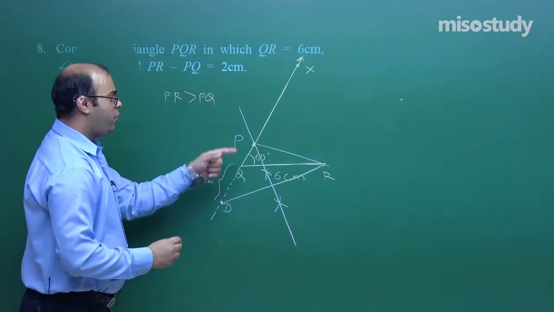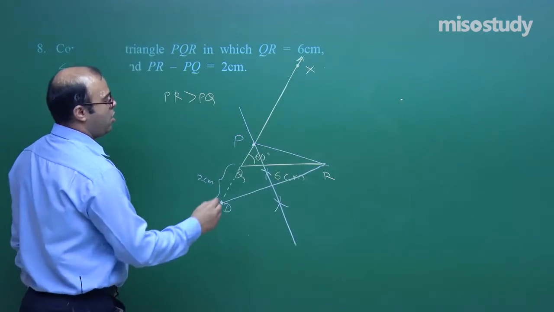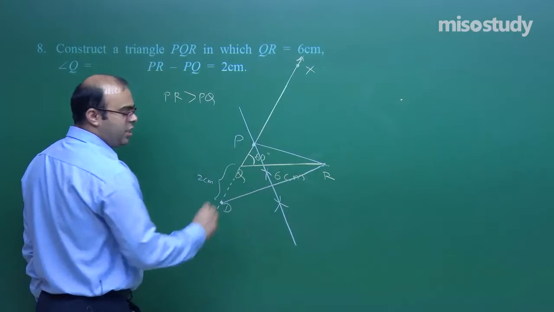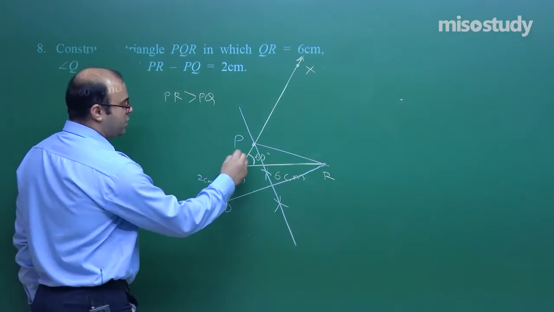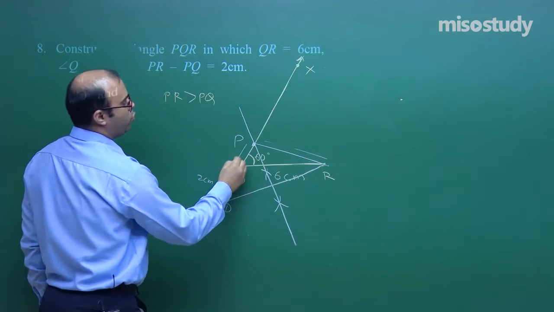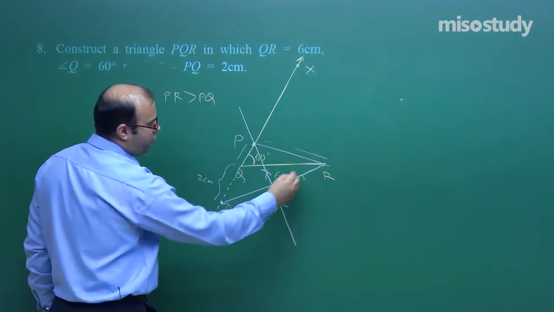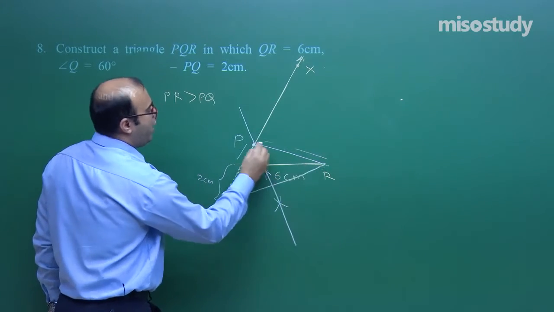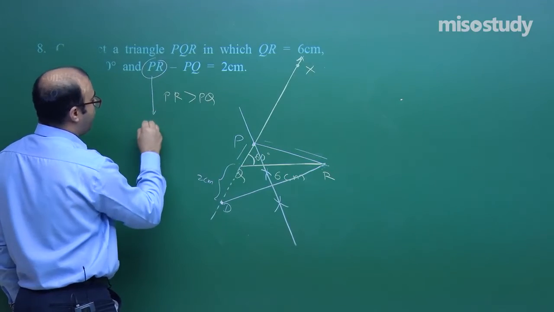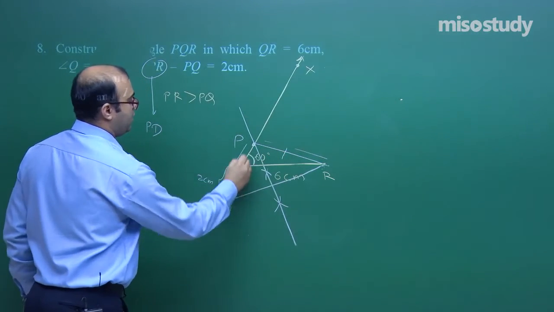So, the triangle which we observe here, PQR, is the required triangle. Why, students? Because this QR is 6 centimeter by construction. This is 60 degree, again by construction. Let us take PR minus PQ. So, this is PR, this is PQ. We know that this is the perpendicular bisector of this line segment DR. So, here PR is equal to PD.